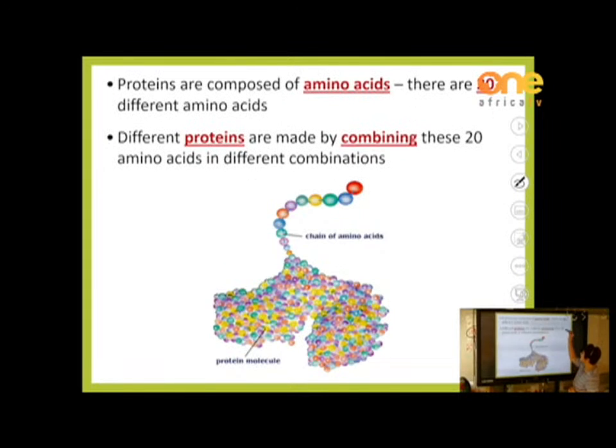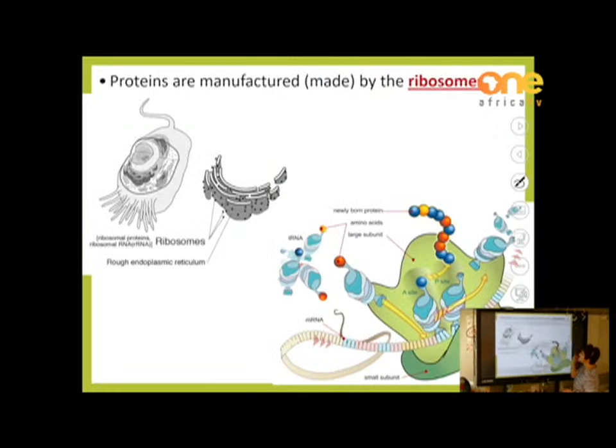We have 20 different amino acids, and how do we get the amino acids? We get the amino acids by what we eat, right? So, these amino acids will be part of the ribosomes.